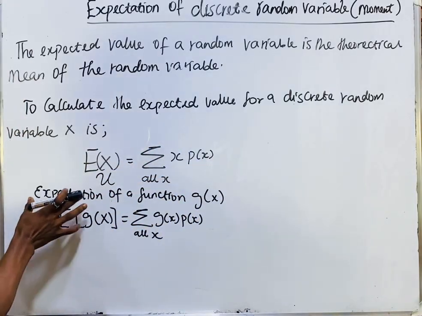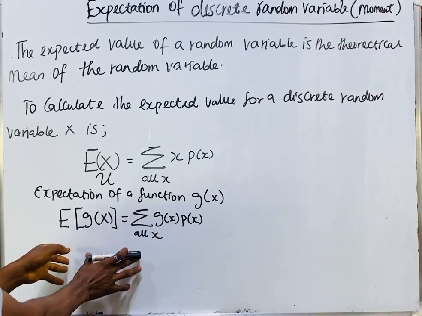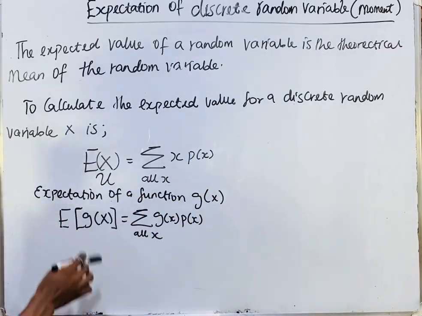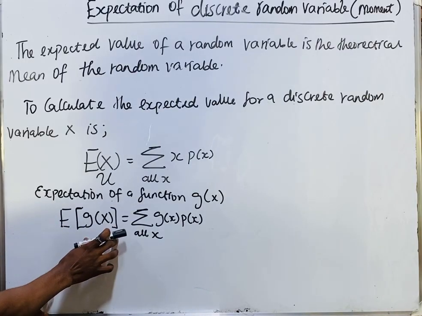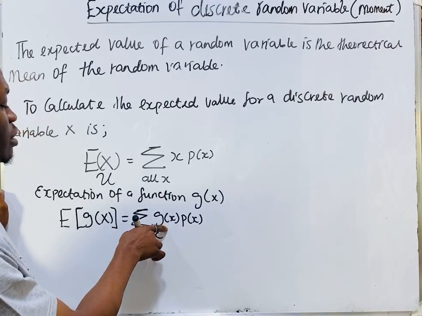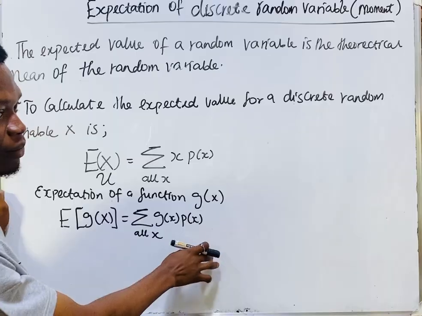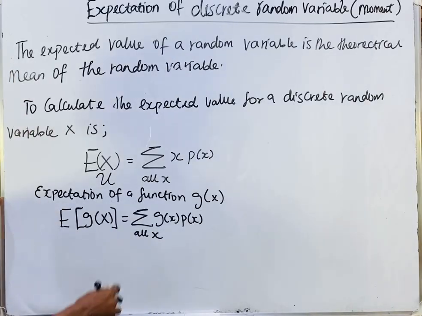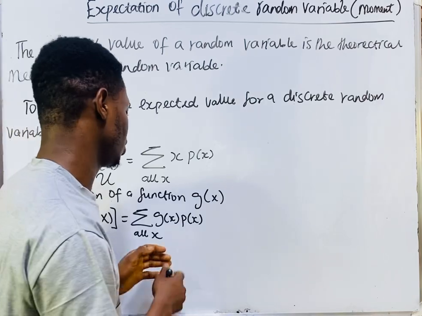That's all. So the expectation of a function g of x, you can still use the same method: the expectation of g of x is equal to the summation of g of x times the probability of x, then sum over all the x to get your value.